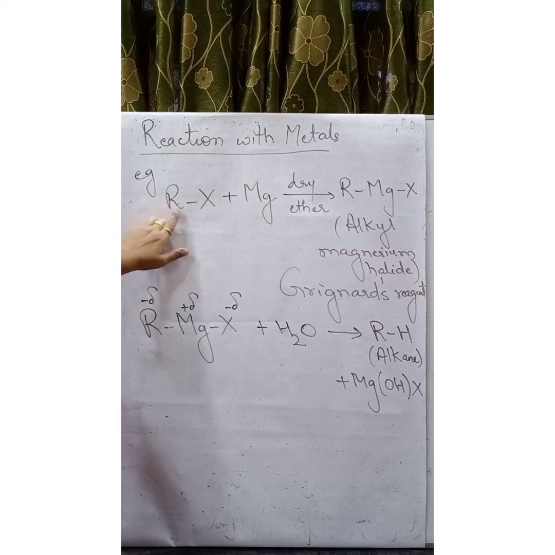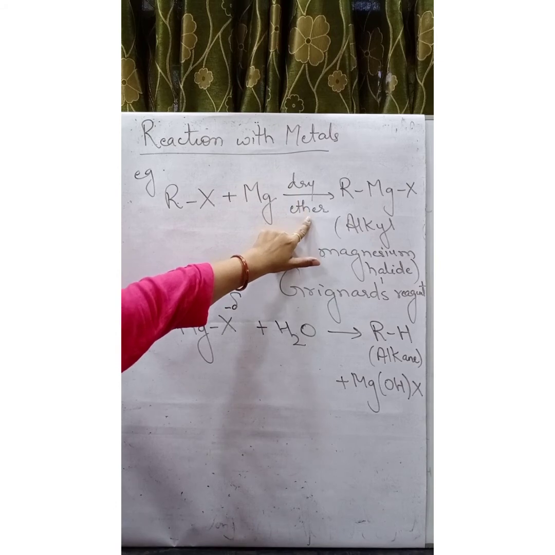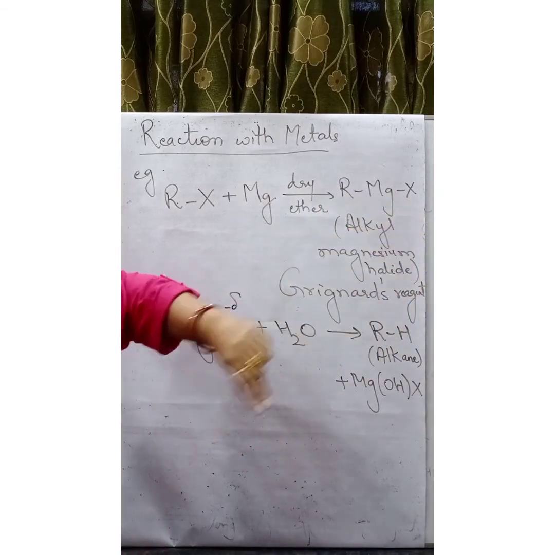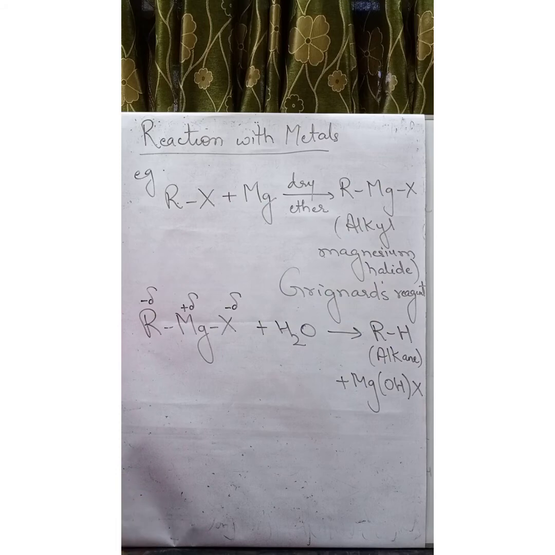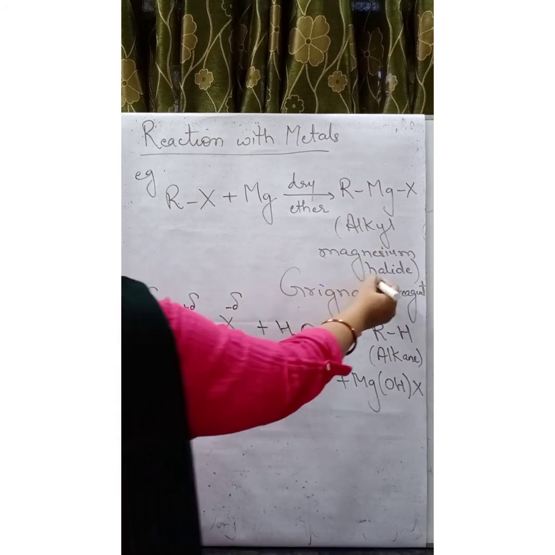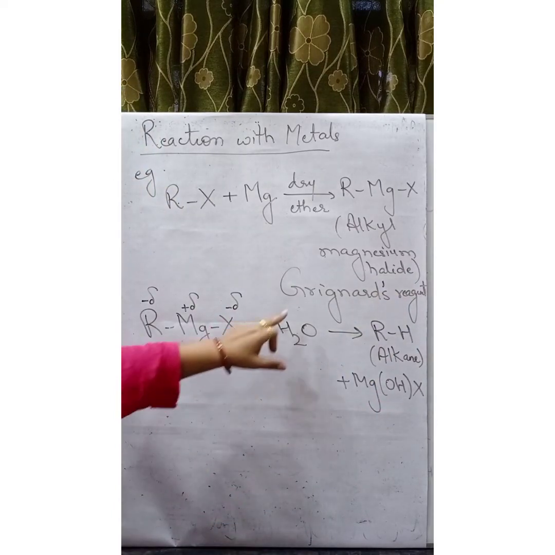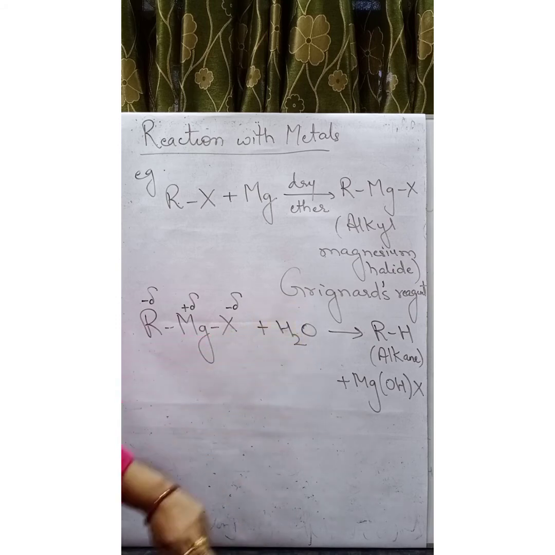For example, RX reacts with magnesium metal in presence of dry ether to avoid the traces of moisture, and it forms RMgX, that is alkyl magnesium halide, which is very popularly known as Grignard's reagent. Grignard reagent is a very reactive intermediate and a source of synthesis for a number of compounds.